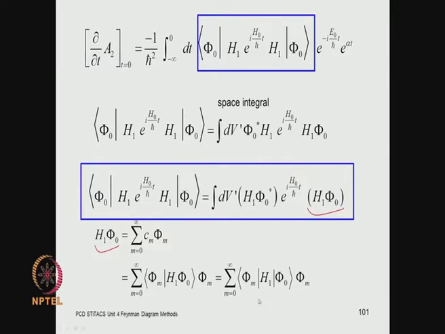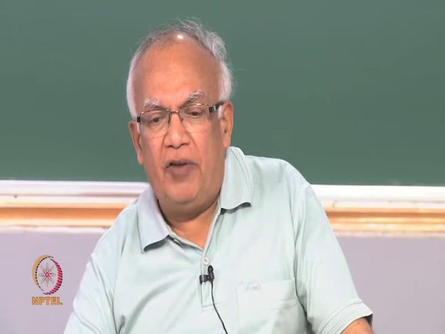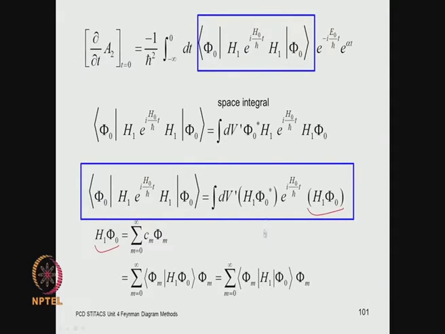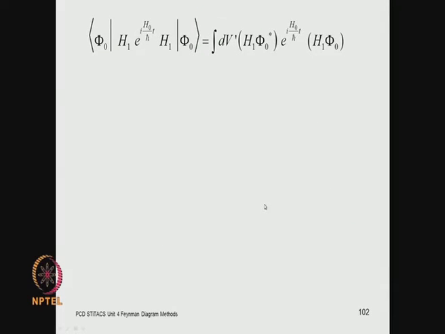So, these are the coefficients which are the matrix elements of the operator H1, which is the interaction operator between two unperturbed states. So, this is the expansion of H1 phi 0, and you can plug in this expansion over here. So, let us do that.